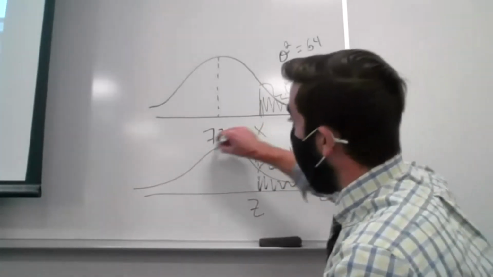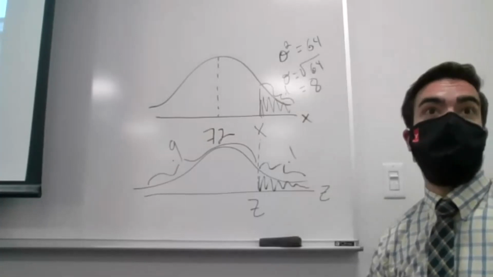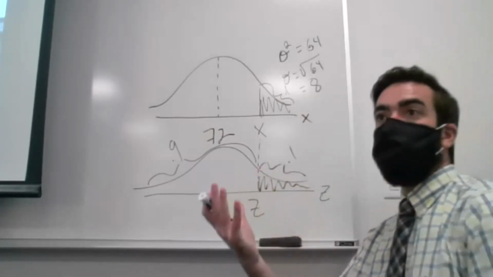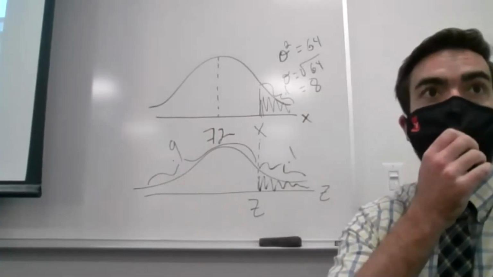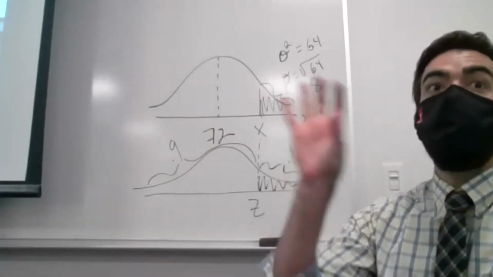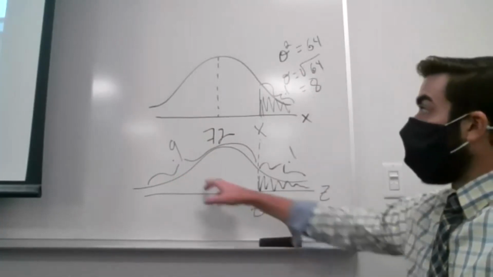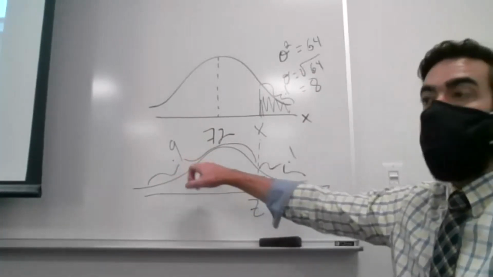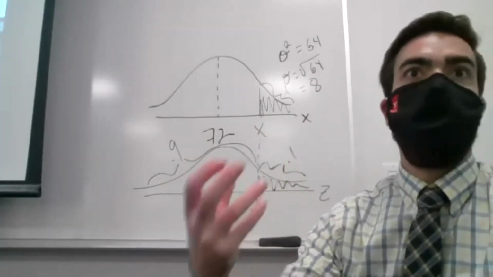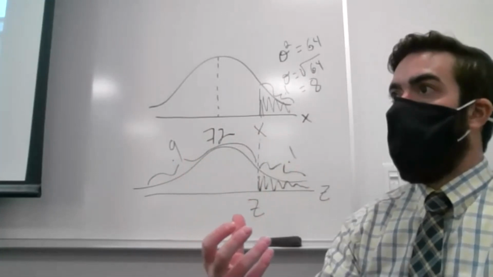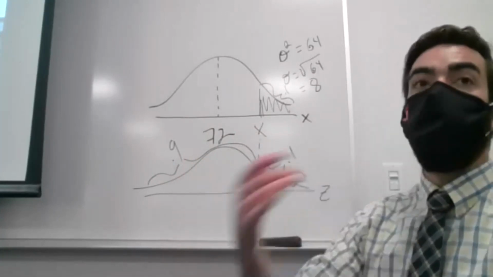Now, if there's 0.1 to the right, I know there would be 0.9 to the left, which I always need the area to the left because when I go to that standard normal table, remember, the probabilities in that table represent the areas to the left of different z-scores, okay? So I'm going to look up that probability of 0.9 and find the corresponding z-score that gives me that area of 0.9, right? Or the probability of what z-score is the probability of seeing that or anything below it, 0.9.